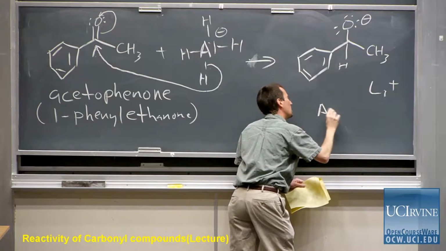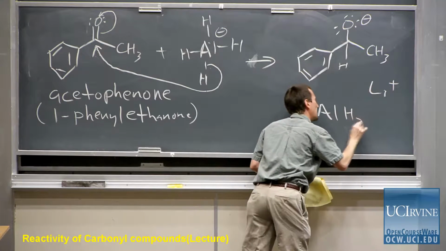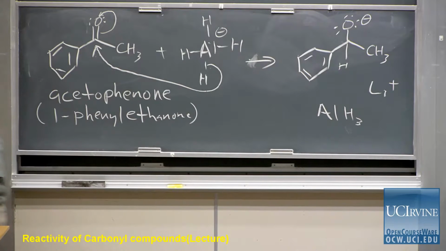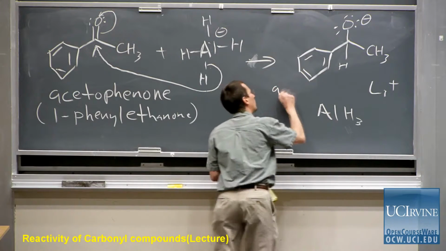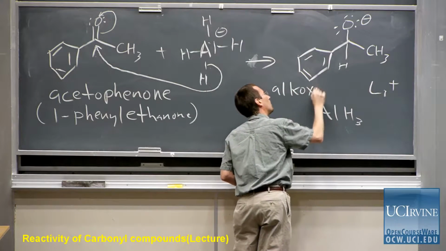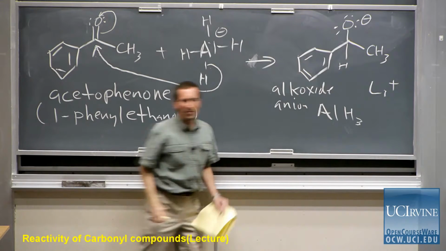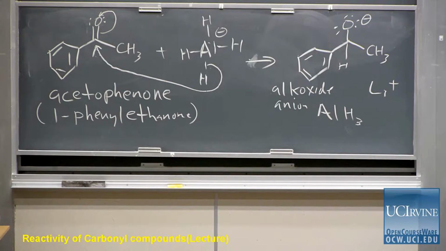And in addition to this, we have AlH3. And that's where I'm going to stop it at this point, is at the alkoxide anion. And that's how you can think of it, but I'll put a little bug in the back of your mind.